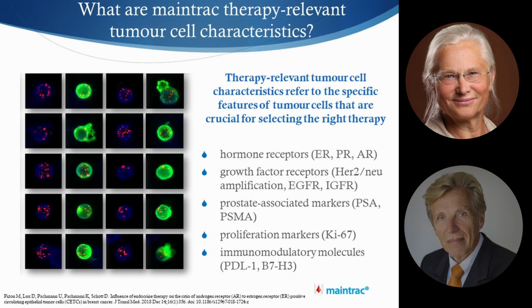Then we can also test for therapy-relevant tumor cell characteristics. Therapy-relevant tumor characteristics refer to the specific features of the tumor cells that are crucial for selecting the right therapy. These are, for example, hormone receptors on breast cancer, and even the androgen receptor is important for triple-negative breast cancers.